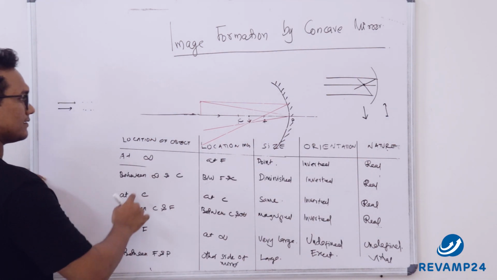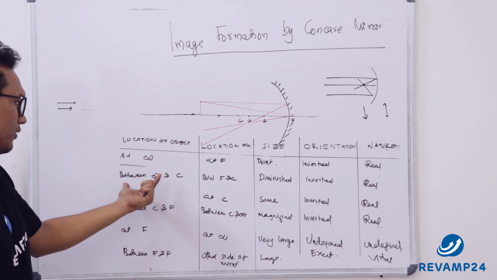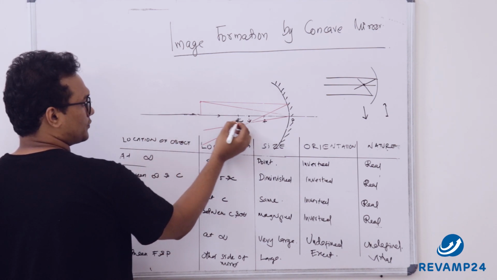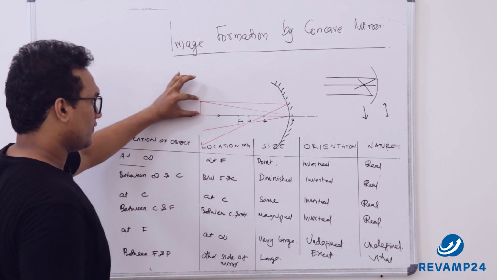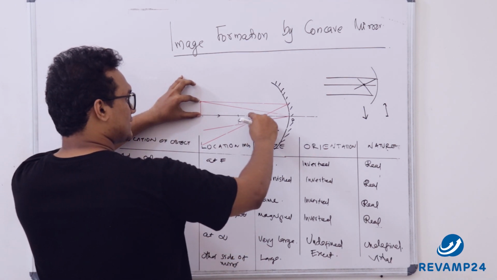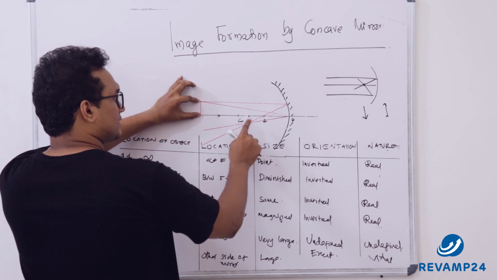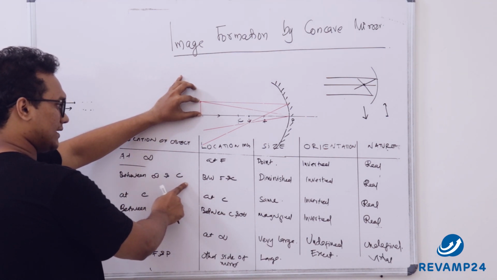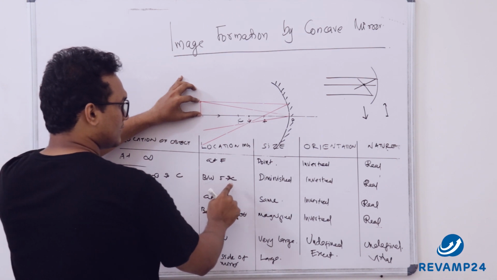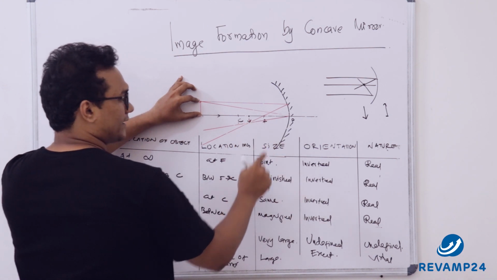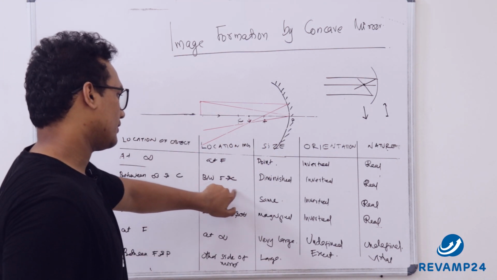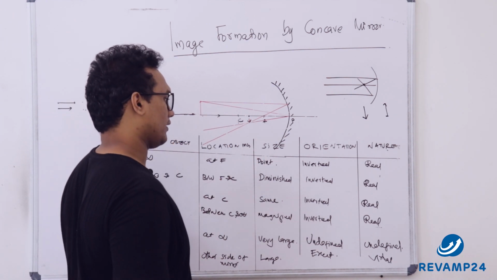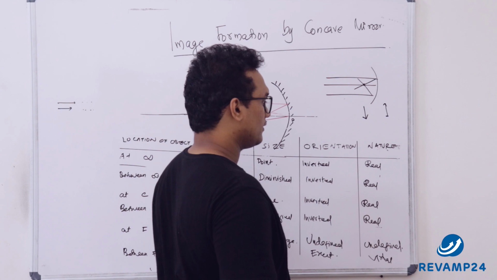Next thing is the one which I have told you before, between infinity and C. So this is infinity, and this point is between infinity and C. When I keep the object here, the size is smaller, and the orientation is inverted. So between infinity and C, my image is between C and F, diminished, size is smaller, inverted, head down, and real.